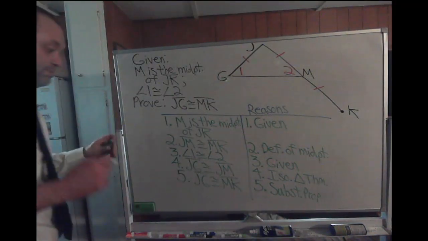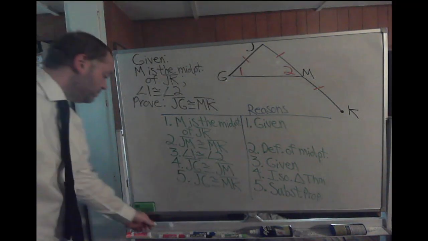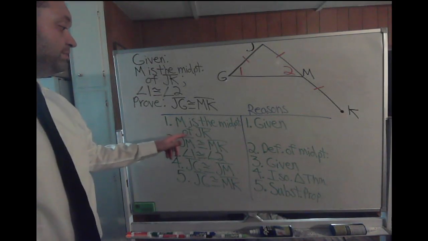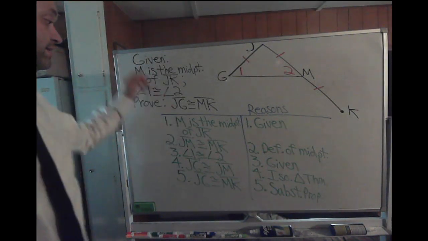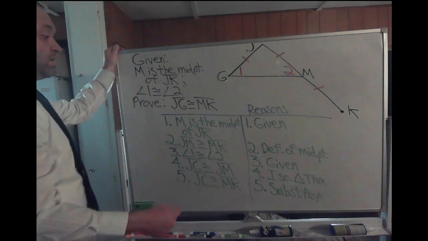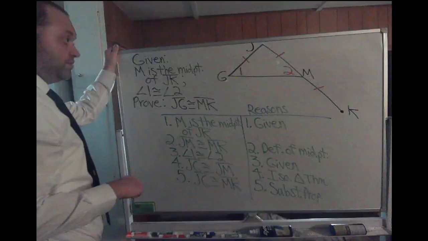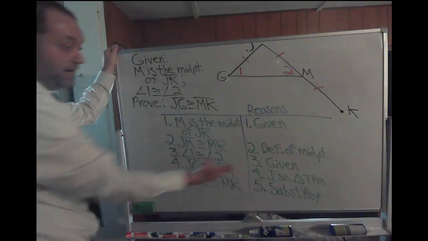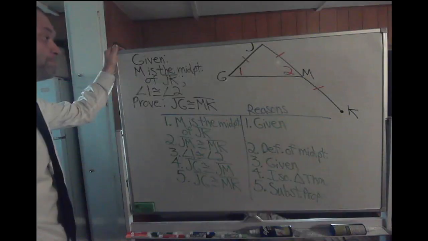So let's go through this proof again real quick. So, first step, start out with the given information that M is the midpoint of JK. So that was given. Expanding upon that further, if M's the midpoint, that means that JM is congruent to MK by the definition of midpoint.